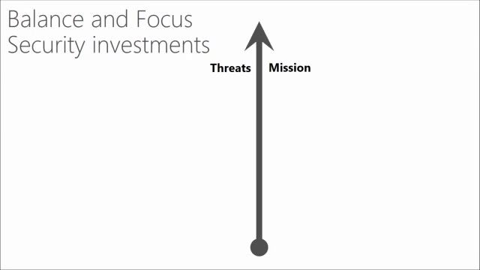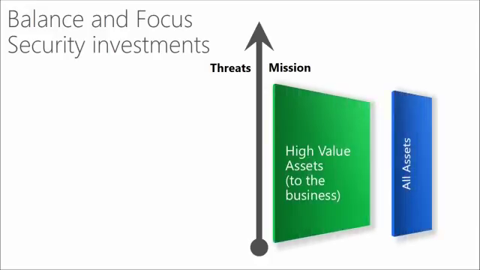Next, as we look at overall security investments, just as a general rule, as opposed to any specific threat and mitigation, our true north is the threats to the mission. Ultimately, your organization has a mission, whether that mission is profitability and shareholder value as a private organization, or a very specific mission to accomplish as a government organization. There are generally two different types of assets. One is high-value assets that are super valuable and super impactful to that organization.